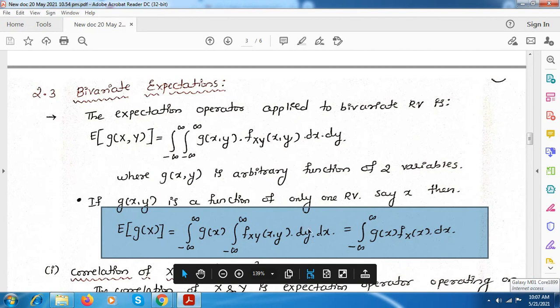So if you just see this middle equation, this will be equivalent to the marginal PDF, that is fx of x. So only one integration you can take here. So it will become minus infinity to infinity. This g of x is kept as it is, and this term becomes fx of x, and lastly it is dx.